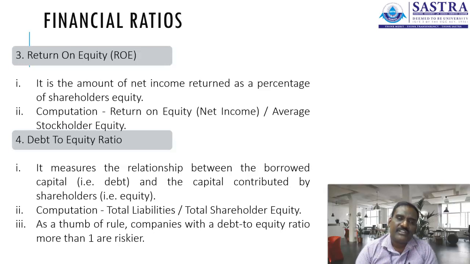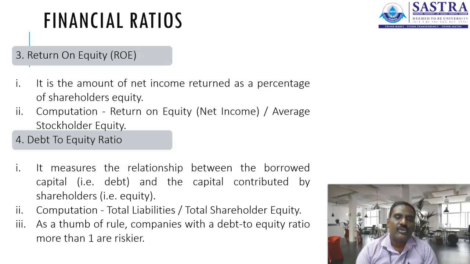Similar to that, the debt to equity ratio measures the relationship between the external fund and internal fund, the outsiders' fund and the owners' fund. Outsiders' contribution and owners' contribution are measured under the debt equity ratio.